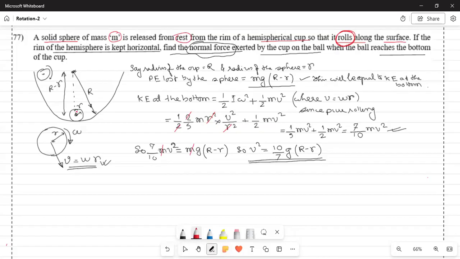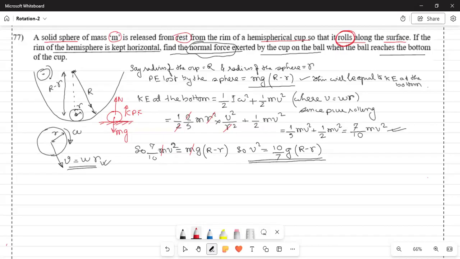Now, when the ball is here, if you take the free body diagram of this ball and there is a cup, then the downward force is mg and there is an upward reaction N. Also, yes, there is a centripetal force.